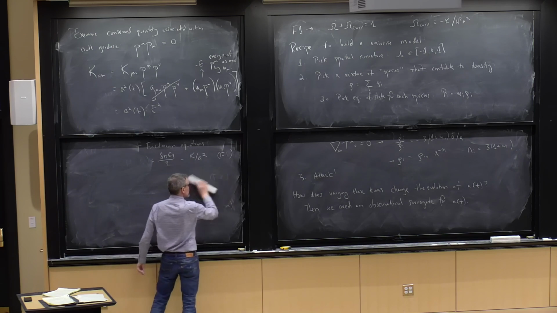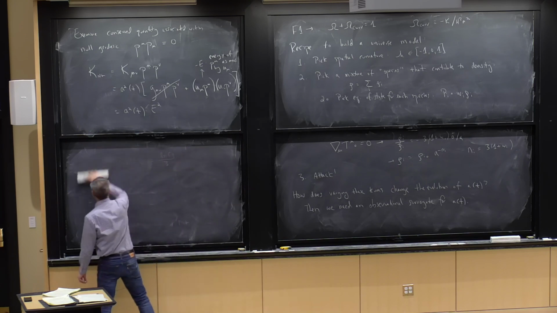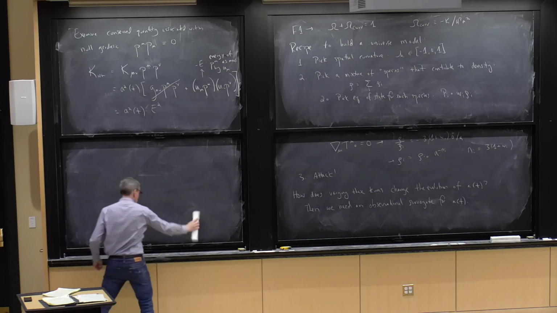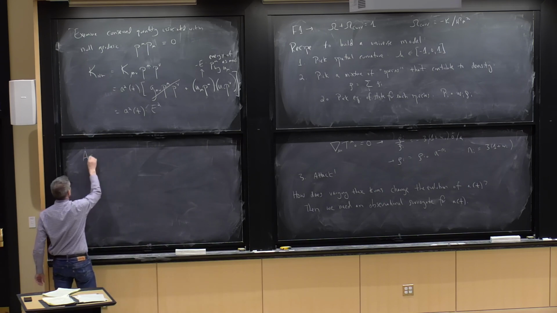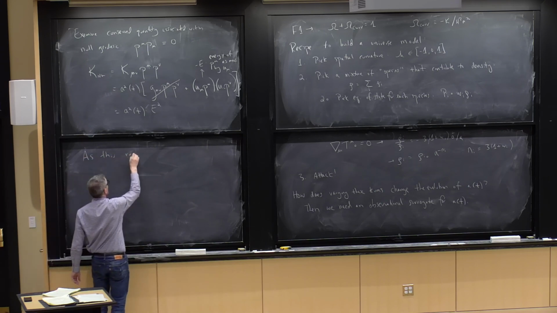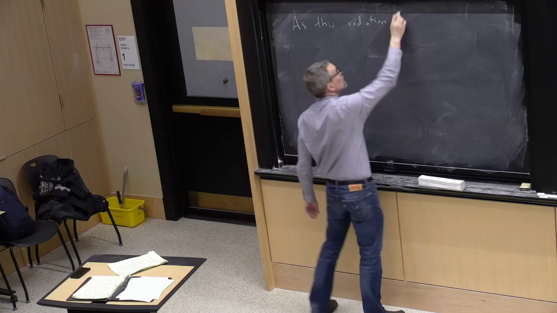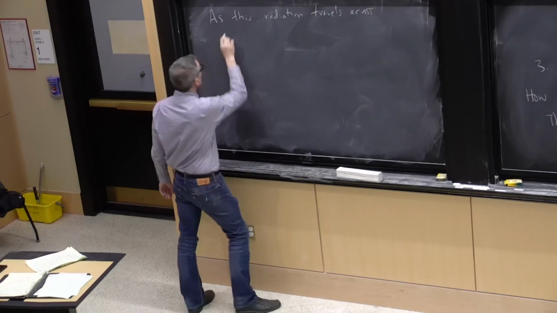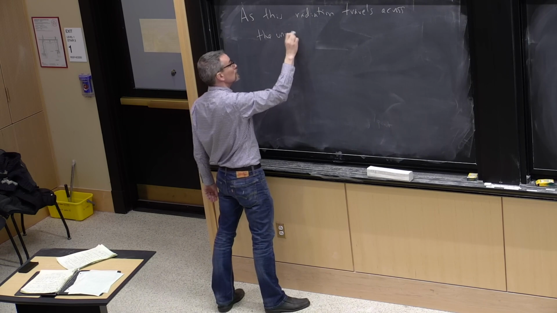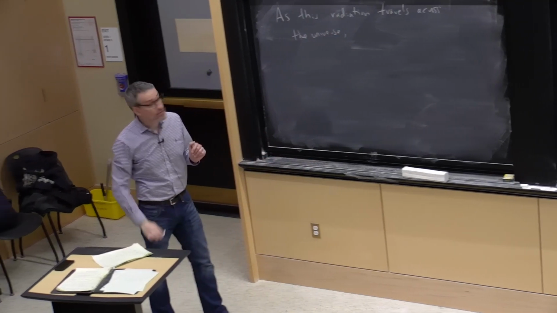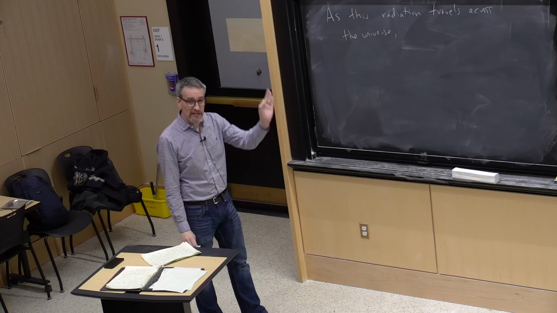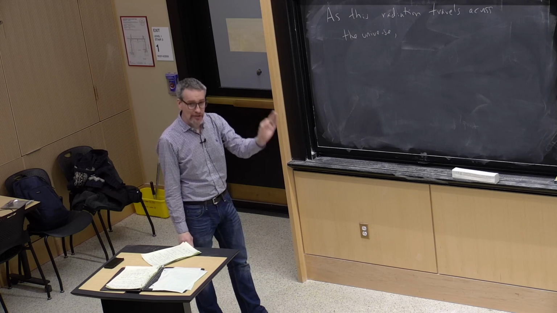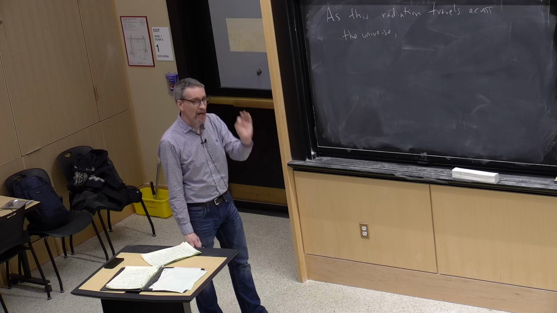So as this radiation travels across the universe, the product of the scale factor and the energy associated with that radiation, as measured by co-moving observers, is a constant.